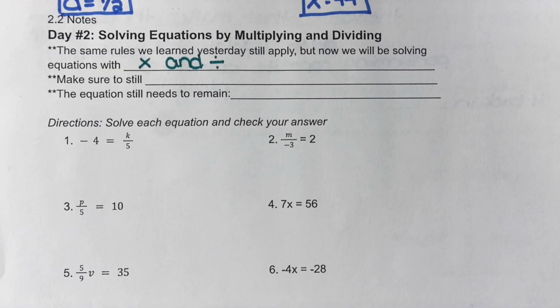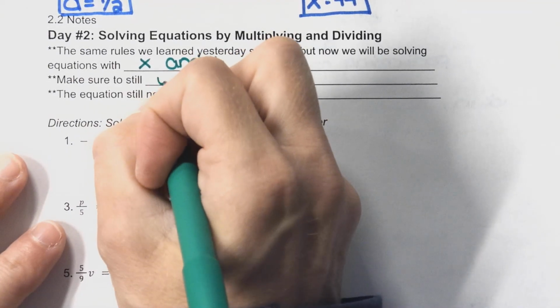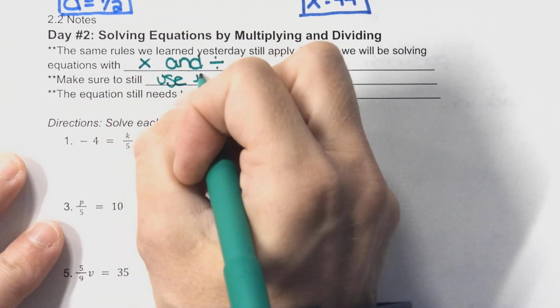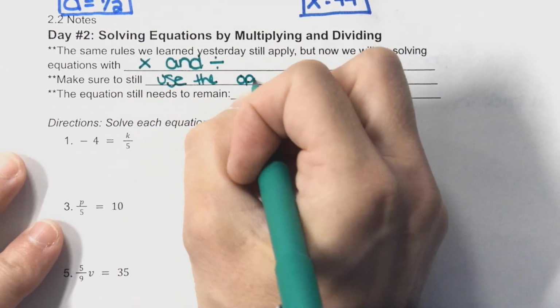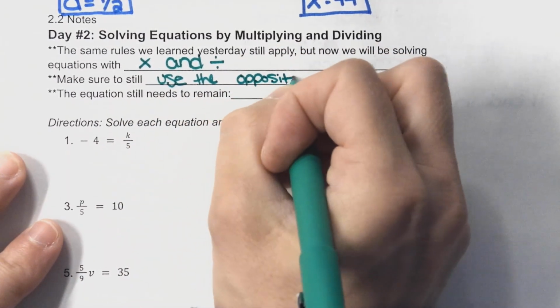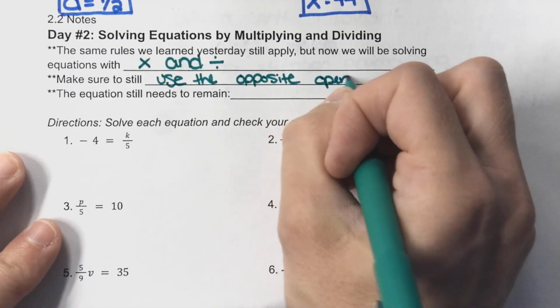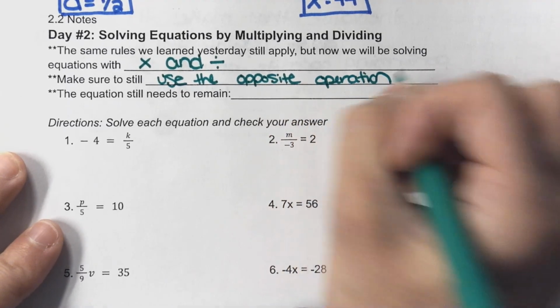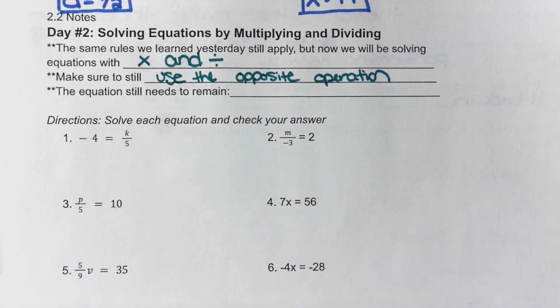Make sure to still use the opposite operation. So meaning you're going to look at the problem and think what's in the problem. If it's multiplication, the opposite is division. If it's division, the opposite is multiplication.